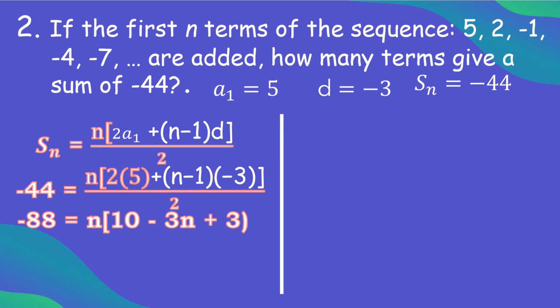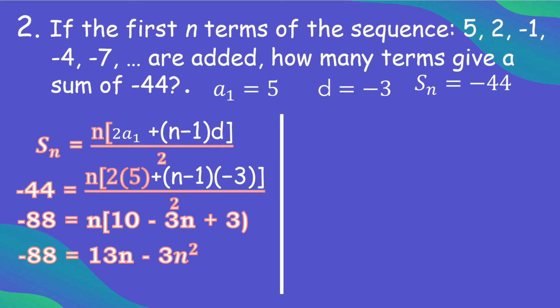Then distribute n to 10 minus 3n plus 3. So we have negative 88 equals 10 plus 3 is 13 times n, that is 13n, minus 3n times n is 3n squared. As you observe, the highest exponent again for n is 2.